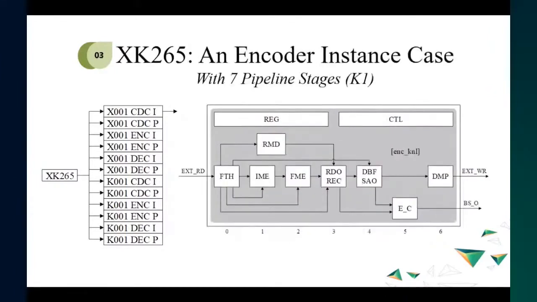You can see in this slide, here we show an encoder instance case, and we call it the K1 IP core. The K1 extends the architecture to 7 pipeline stages. All of the modules are the same as the previous slide showed, but the pipeline is extended from 5 stages to 7 stages.